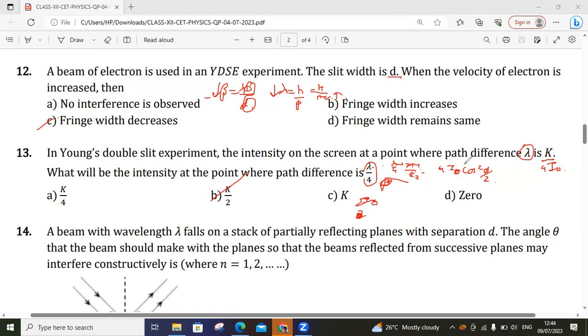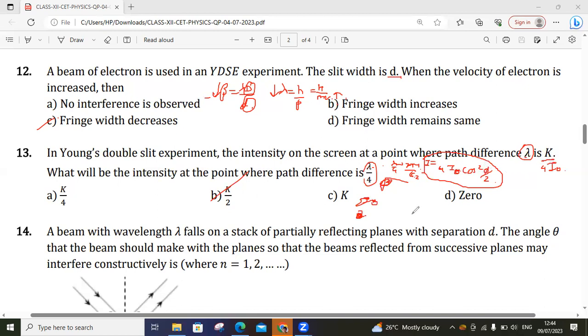As we know, in interference, the resultant intensity I is 4 I naught cos square phi by 2, where I naught is the intensity of individual waves which are interfering, and phi is the phase difference between them. If the path difference is lambda, the phase difference is 2 pi. 2 pi by 2 is pi. Cos pi is minus 1, whole square is 1. So it becomes 4 I naught.